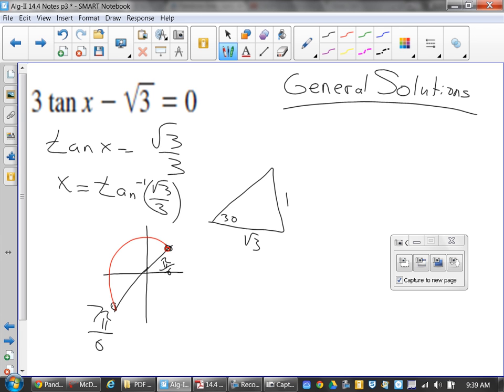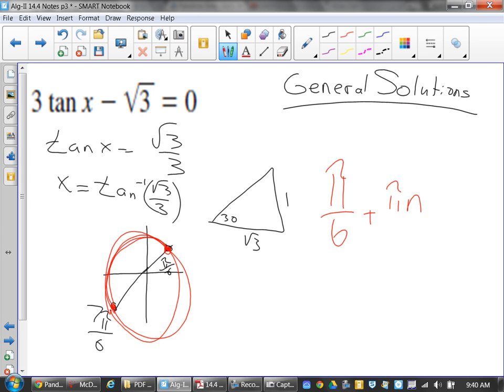So if I start at pi over 6 and I add a pi, where do I wind up? 7 pi over 6. If I go from 7 pi over 6 back to here, what do I add? Another pi, right? And every time I add pi, I'm always going to be between these 2 points. So my general solution for this would be my first answer, pi over 6 plus pi. This is like the general revolution kind of thing, right?